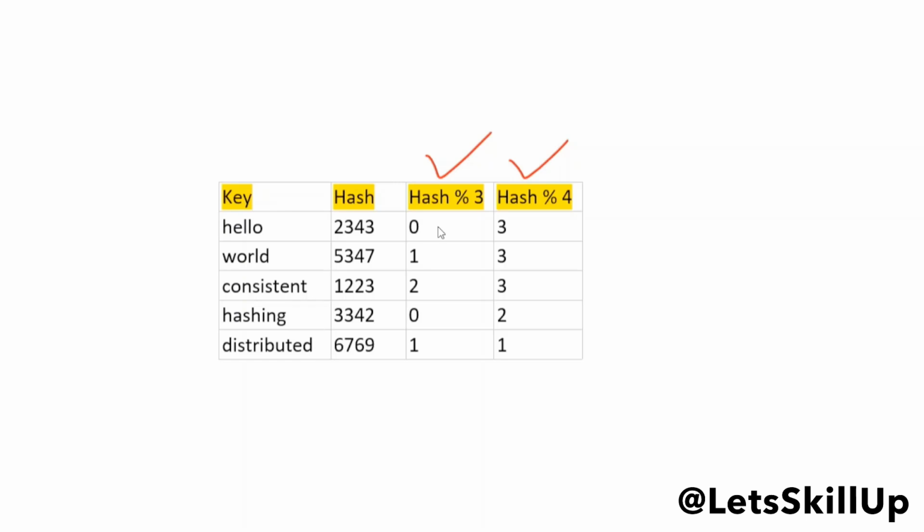When we increase the number of servers, almost all of our keys are getting mapped to a different index, which means they need to be redistributed to some other server. In this case, only the index for one of our keys is the same, otherwise all the other indexes got changed. So changing the number of servers requires us to redistribute almost all of our keys.